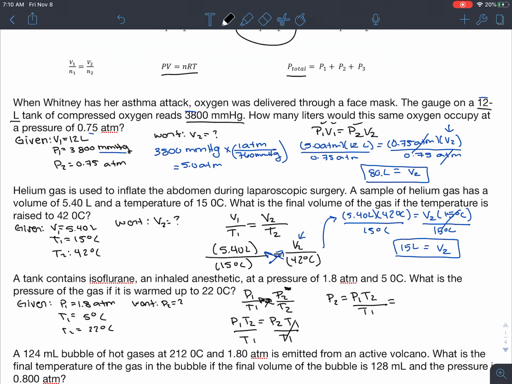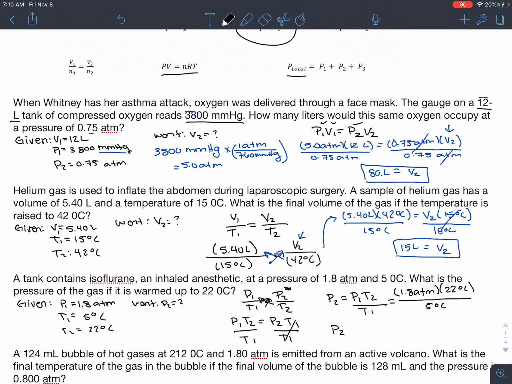And then you can plug it in. Same type of idea, but this time you rearrange your variables first before plugging things in. So first pressure is 1.8 atmospheres times second temperature, 22 degrees Celsius, divided by your first temperature, which is 5 degrees Celsius.